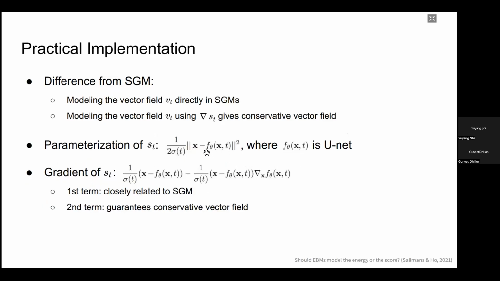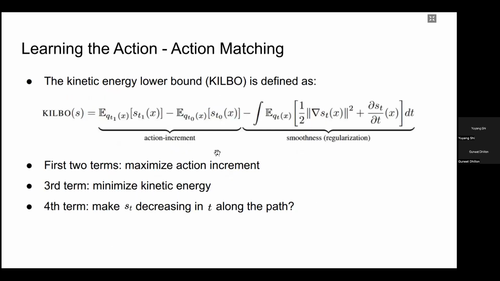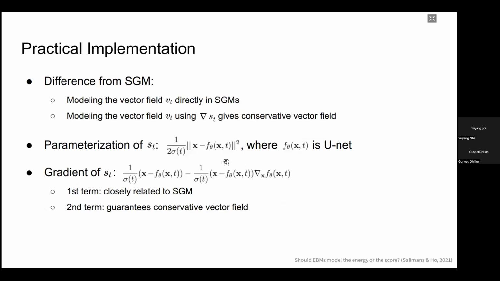But maximizing this just seems very weird to me. But in their application, T0 is the data distribution. So actually there's a minus sign, so they're actually minimizing this term.